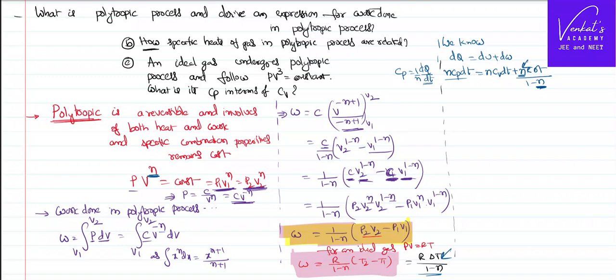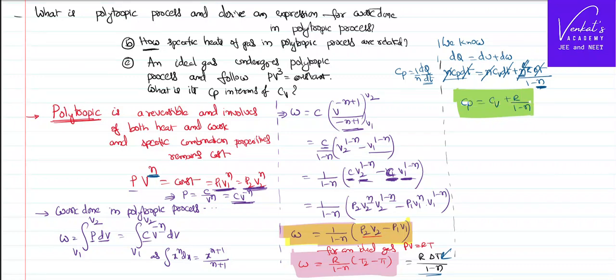So they are different. I can cancel the number of moles everywhere. This delta T also can be cancelled everywhere. The remaining relation is Cp equal to Cv plus R by 1 minus n. That's the relation that we have between Cp and Cv.